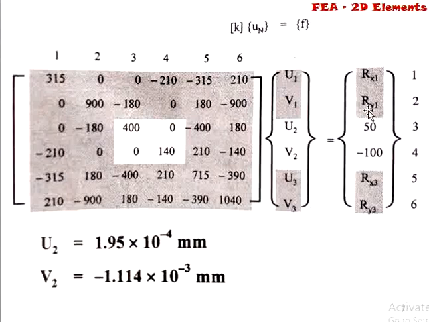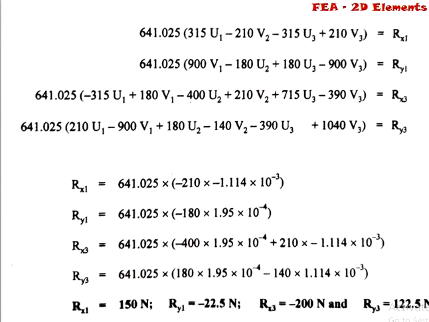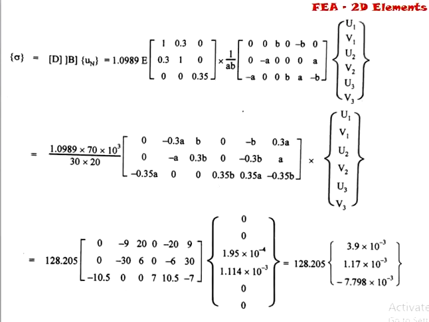If I want to calculate Ry1, just take row 2 and multiply it with the displacement vector. In this way we will get 4 equations, all in terms of u and v. So we have all values of u and v, so we can easily calculate reactions at node 1 and node 3 in x and y direction.